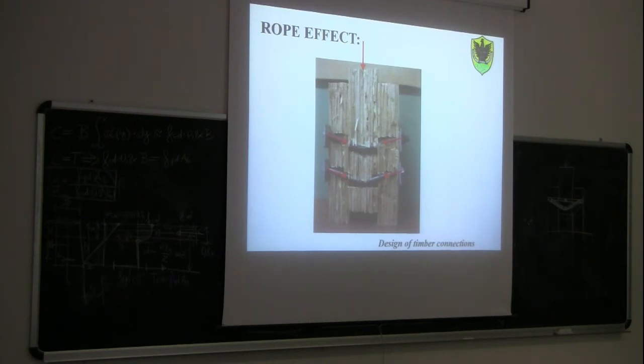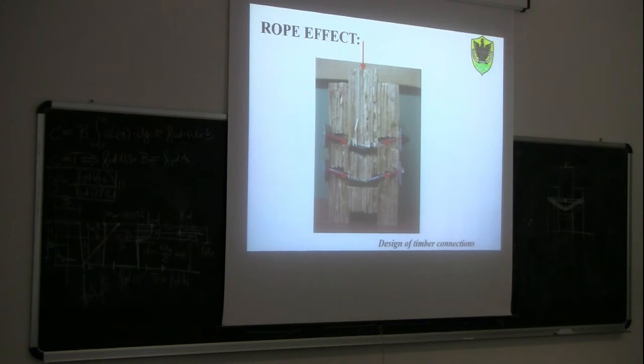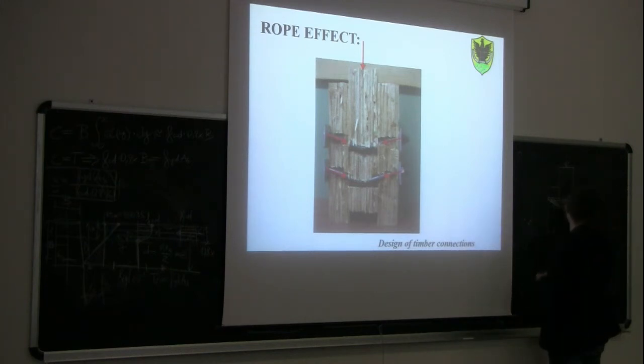So if this is going to happen, we could say that since the dowel is smooth, there is no significant friction being transferred between the dowel and the wood itself. So in the end, the stress here will only be a shear stress.